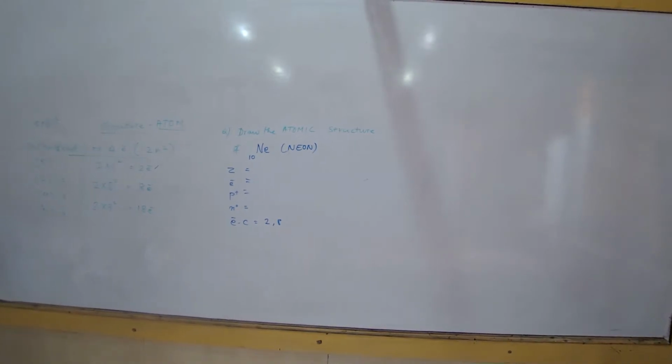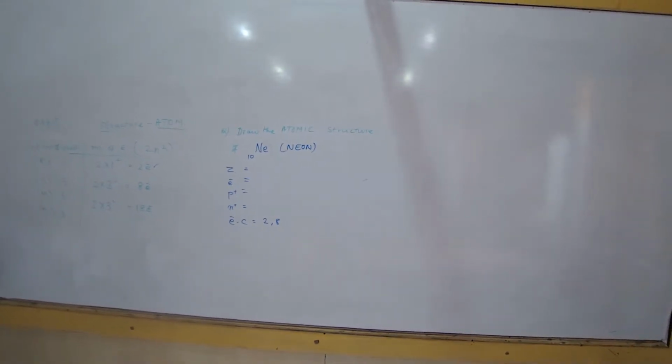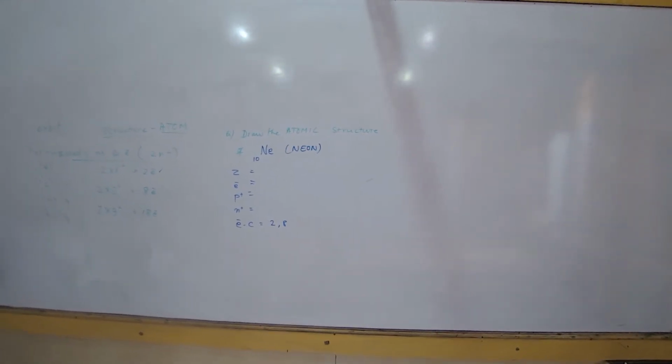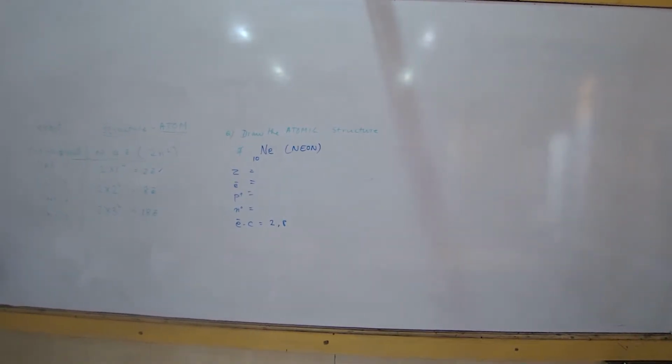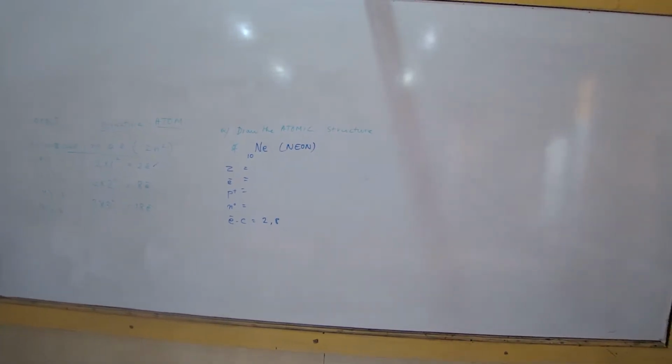Lithium is 3. Then beryllium 4, 5, 6, 7, 8, 9, 10. Then, what is sodium? What number is it? 11. That's 11. Okay, right, continue.